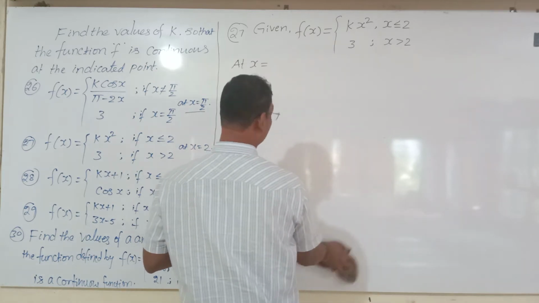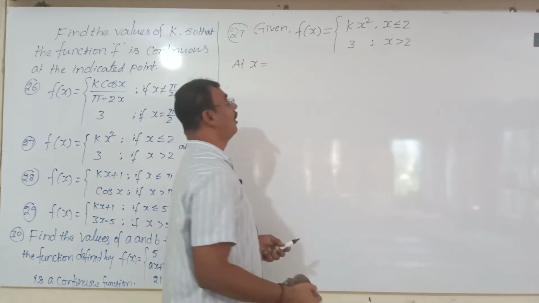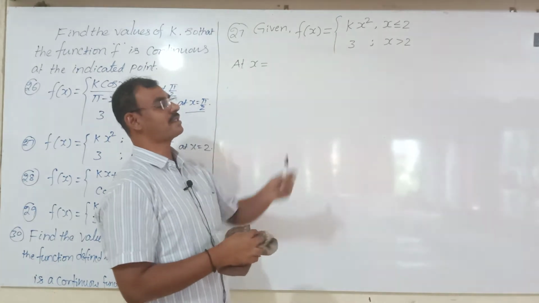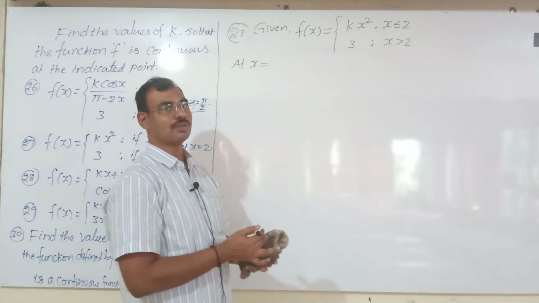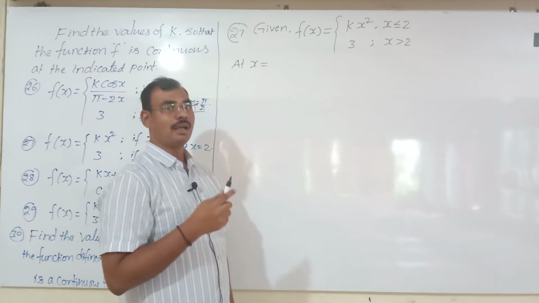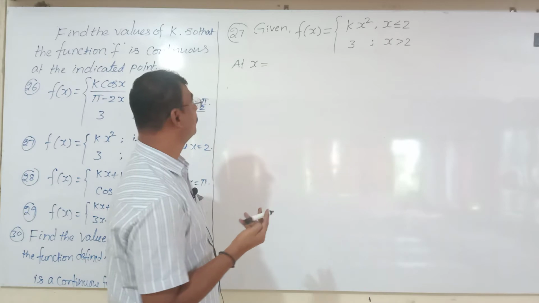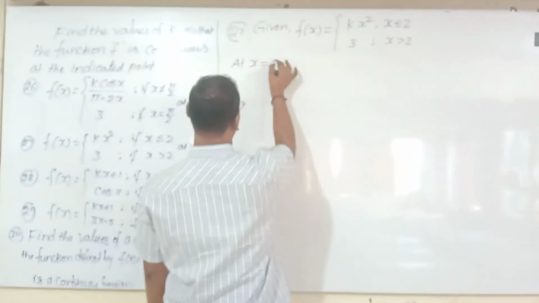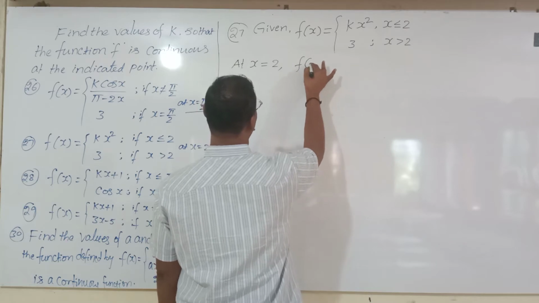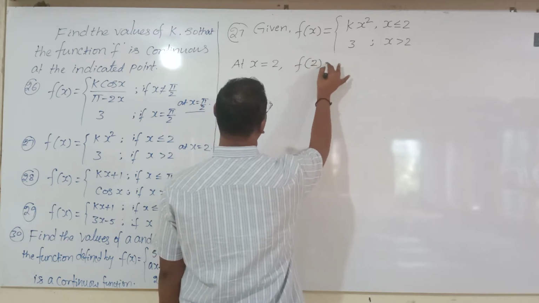Okay, here, observing the problem, the function is breaking at x equal to 2. So we have to find the left hand limit as well as the right hand limit at x equal to 2. Firstly, we have to calculate f of a, that is f of 2.